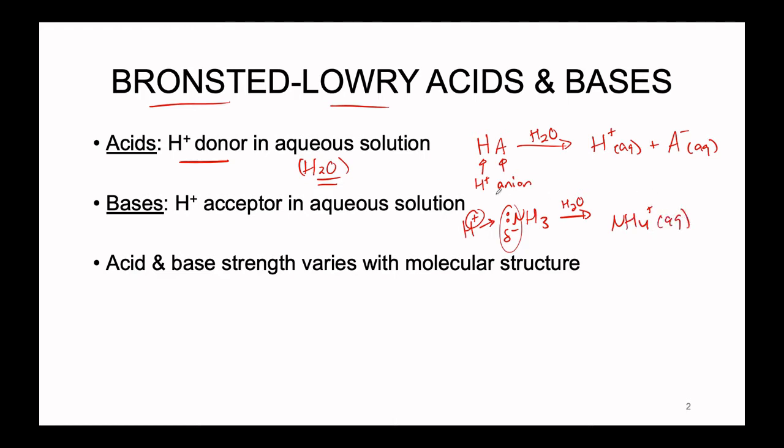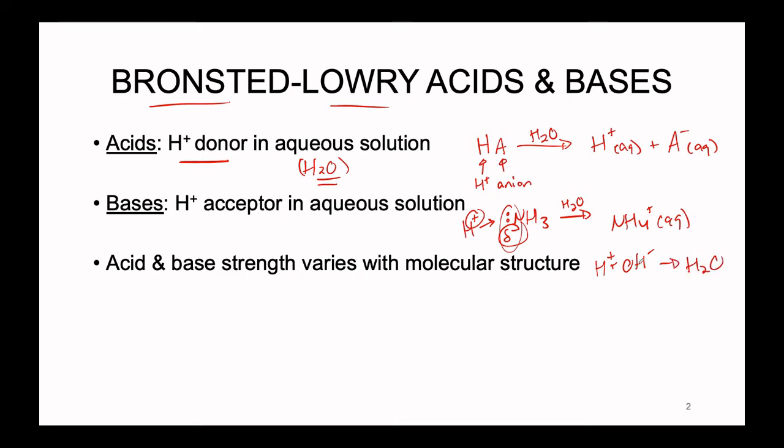To be a Bronsted-Lowry base just means that you're looking at some type of molecule, more than likely with a partially negative charge, that can attract this H+ to it. OH- is another really good example. If we take OH- and combine it with H+, we end up with a classic neutralization, something that's just like water.